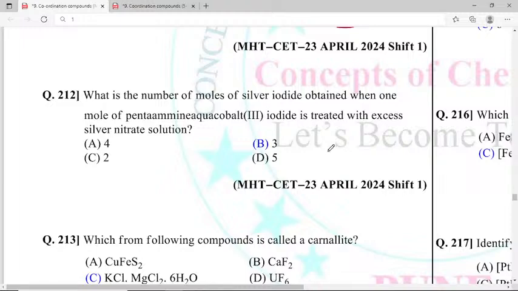What is the number of moles of silver iodide obtained when 1 mole of pentaamineaquacobalt iodide reacts? So these are the 3. Pentaamine. So what is the formula here? Cobalt, pentaamine: [Co(NH3)5 ...]. And then iodide.